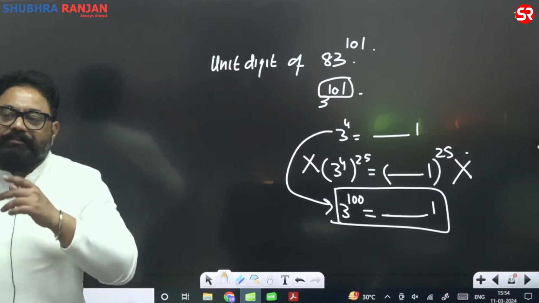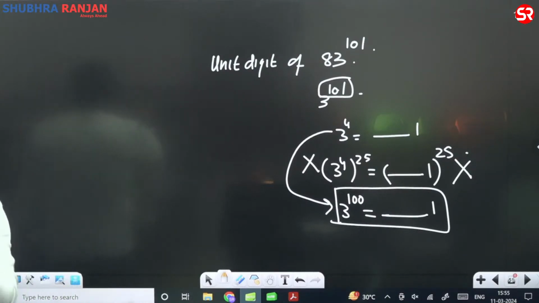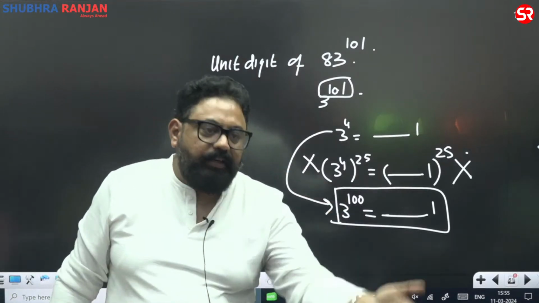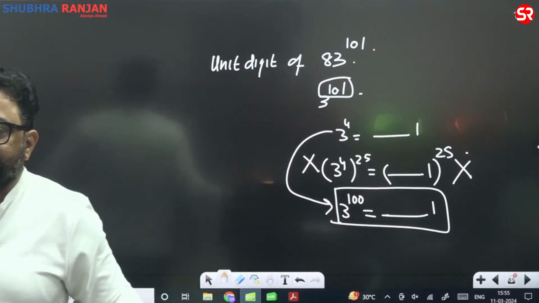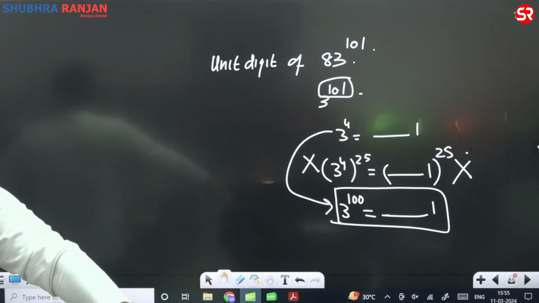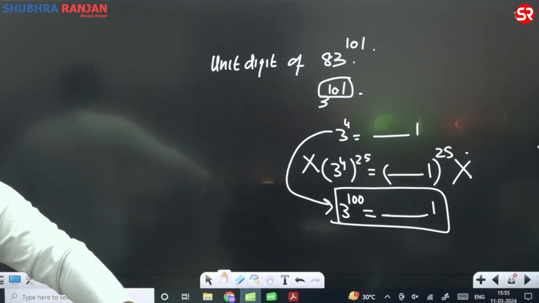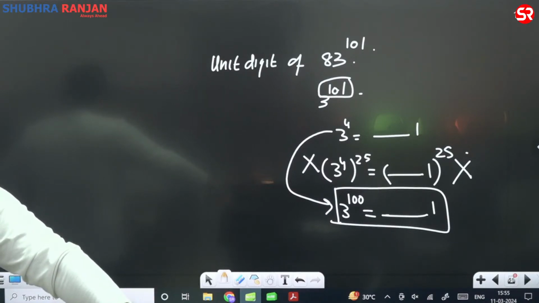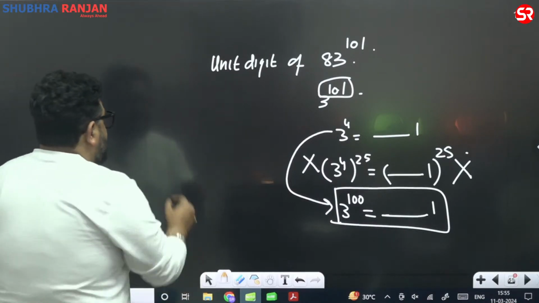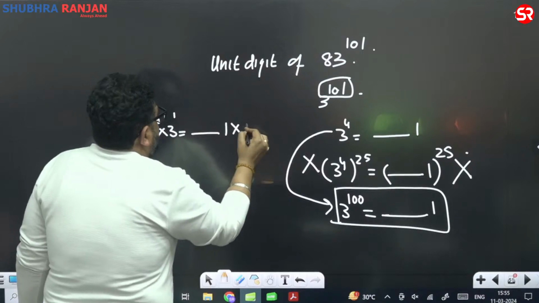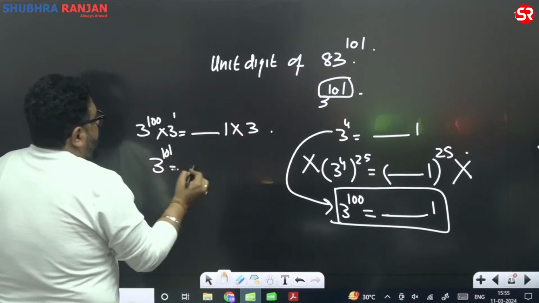If 3 to the power 4 gives you 1, then 3 to the power any multiple of 4 gives you 1. A multiple of 4 less than 101 is 100. So you can directly write that 3 to the power 100 also gives you 1. Kindly note it. Which means what is left? 3 to the power 100 into 3 to the power 1 gives you a number ending with 1 times 3, which means 3 to the power 101 ends with 3.